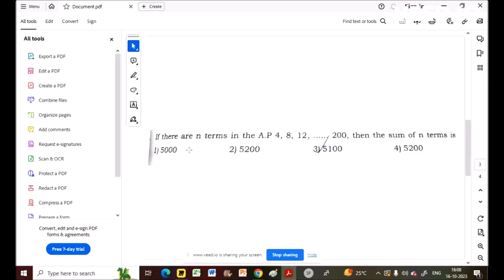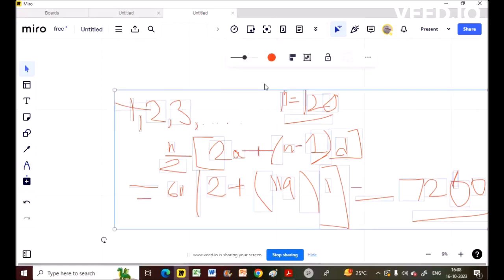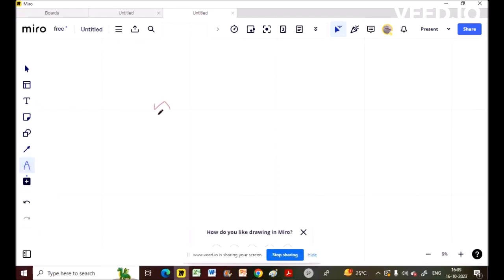Now, I'll compute this problem for you all. Now, as per the formula, n by 2 into a plus l.